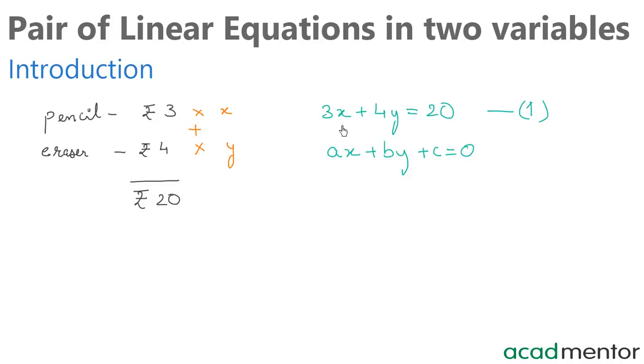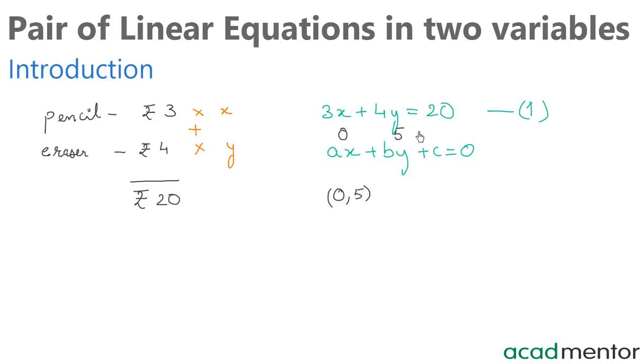That is, you could buy 0 pencils and 5 erasers, so x could be 0 and y could be 5. So this would give you 0, and 4 times 5 would be 20, and this would satisfy your equation. So we said that (0, 5) would be a solution of this equation, and there would be multiple such solutions.